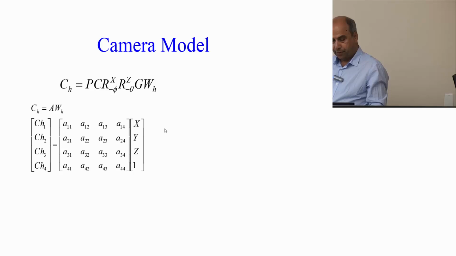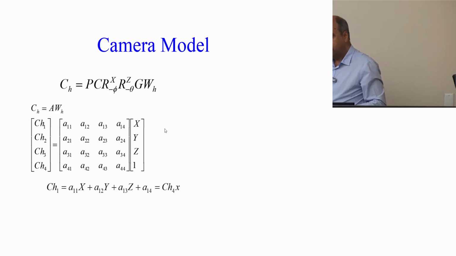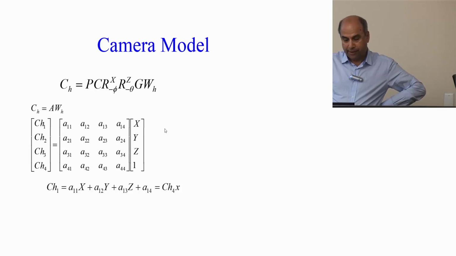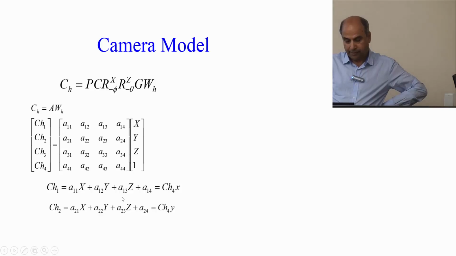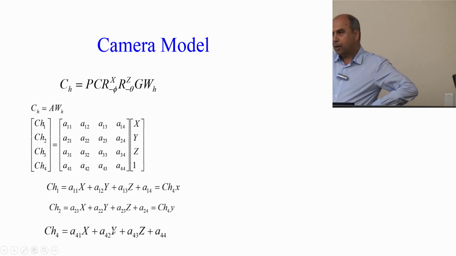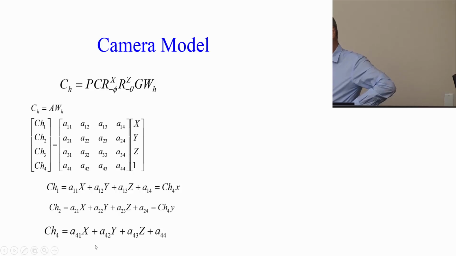Now in this 4x4 matrix, there are 16 unknowns, which are the a's. And we know that the homogeneous coordinate, the first one, CH1, is given by multiplying this with the first row, then CH2 and so on, and CH4. We are not going to use CH3 because the image doesn't have a third coordinate.